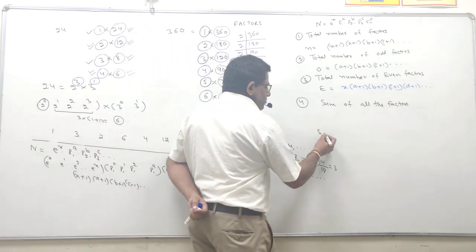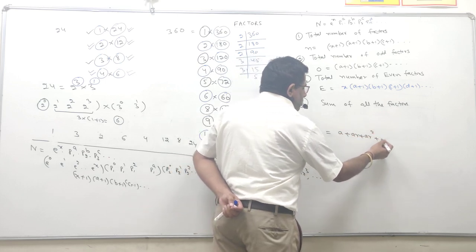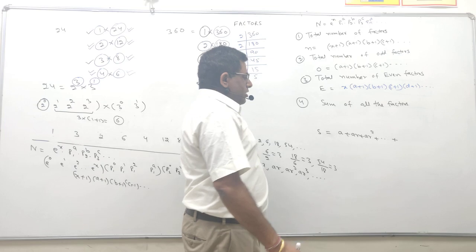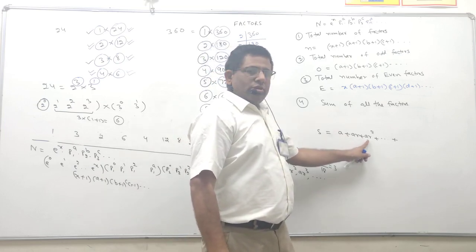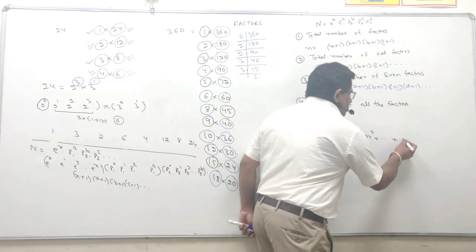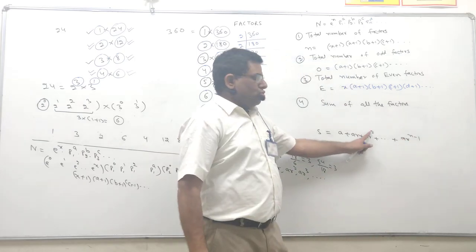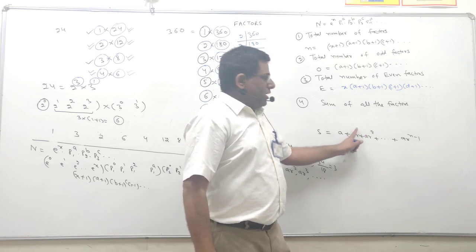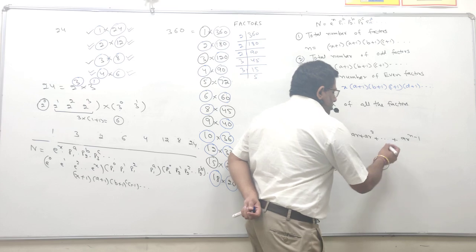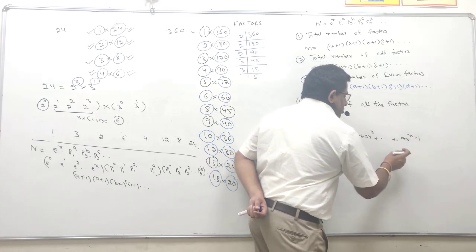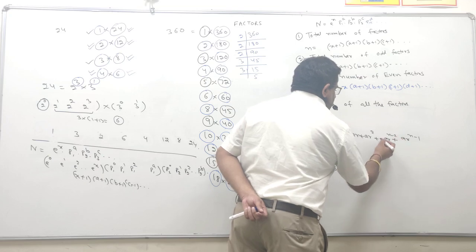Likewise, if I am having the terms A plus AR plus AR square and so on, what you are observing here is the first term is A, second term is AR, third term is AR square. So the nth term comes out to be AR raised to n minus 1, because in the third term there is a 2, in the second term there is 1. So in the nth term it is AR raised to power n minus 1, and the term before it is AR raised to n minus 2. Okay.